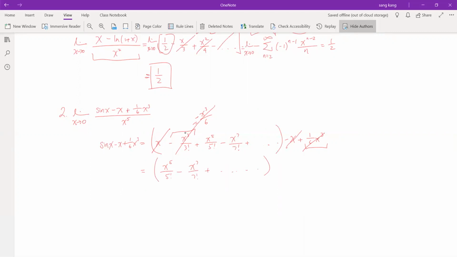Right? And now we need to divide by x to the 5th. So we'll divide by x to the 5th here.